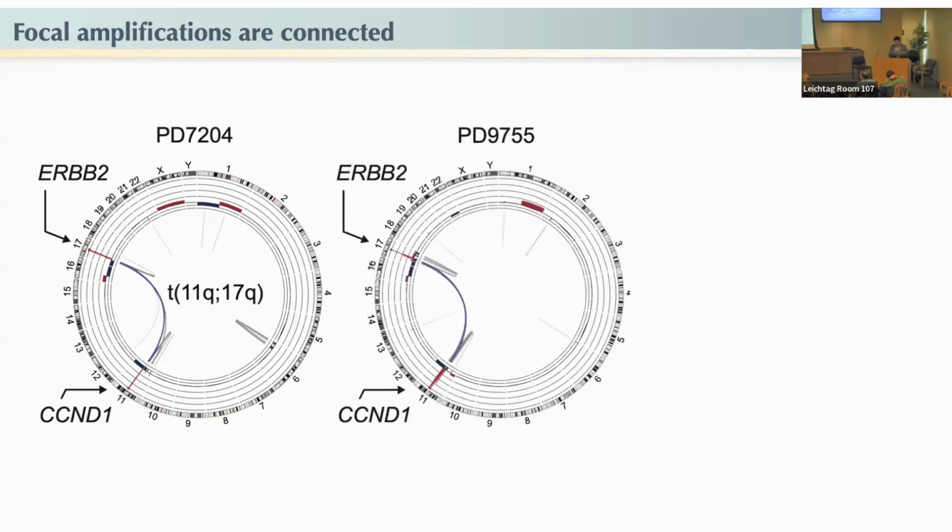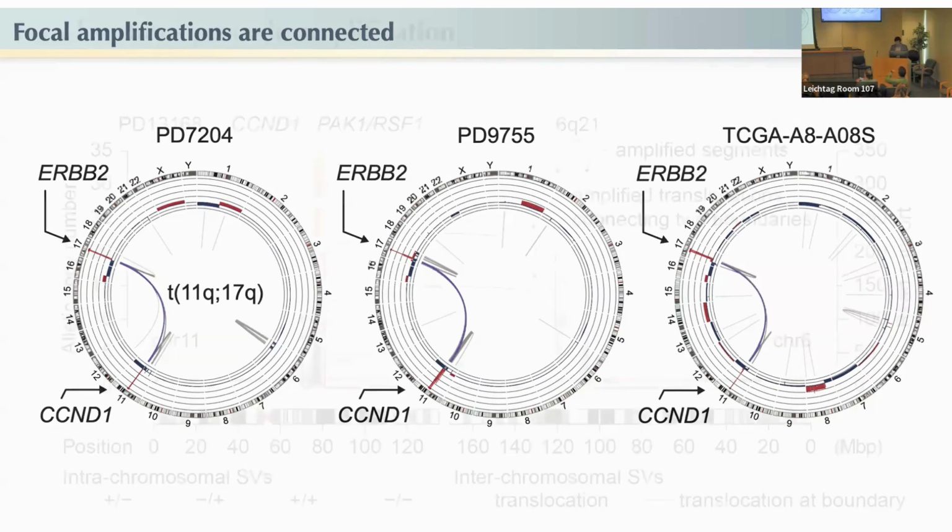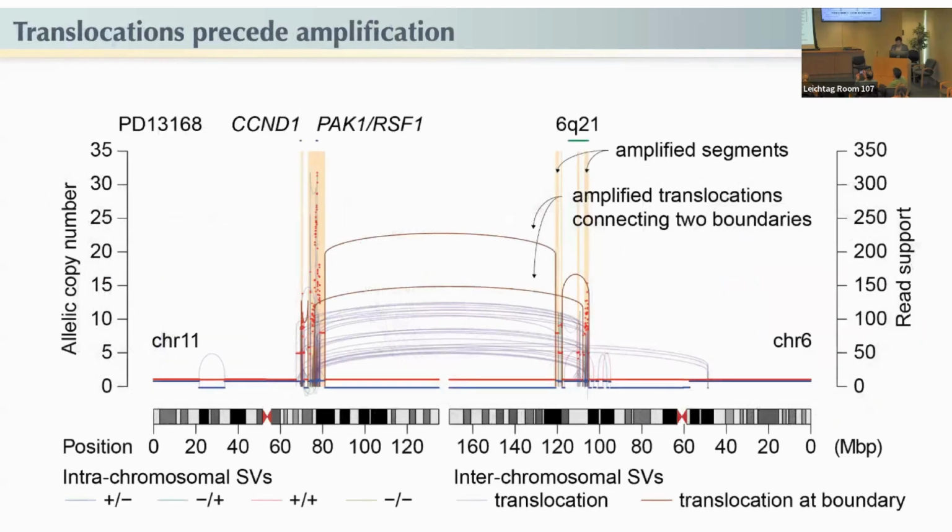But in two other cases here, exactly the same spot, almost exactly the same spot, have those amplifications and translocations, okay? So what is driving this reproducible event? Now, if you look at the details of the reads connecting these amplifications, it gives some clue to how they may have arisen.